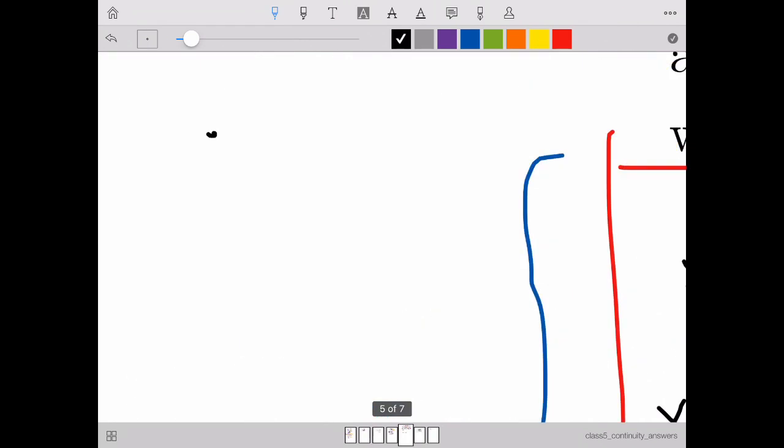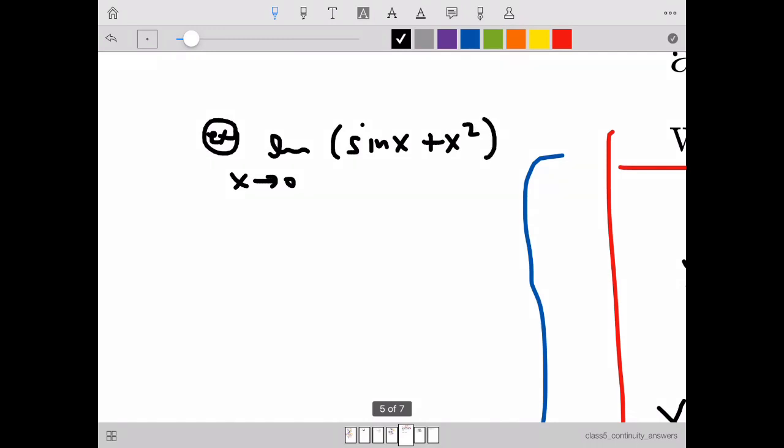So for example, suppose I want to find the limit as x approaches 0 of sine x plus x squared. Sine is a trigonometric function, continuous everywhere, and x squared is a polynomial, continuous everywhere.